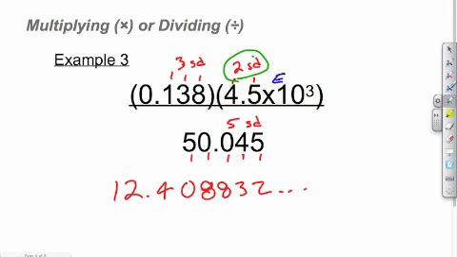Alright, so all of these digits are significant, and my first 2 are the 1 and the 2. I look at the third digit to see if it's going to round the 2. That 4 will not round the 2. So I drop everything to the right. All of these digits come to the right of the decimal, so I'm not going to replace them with zeros. So my answer becomes simply 12.